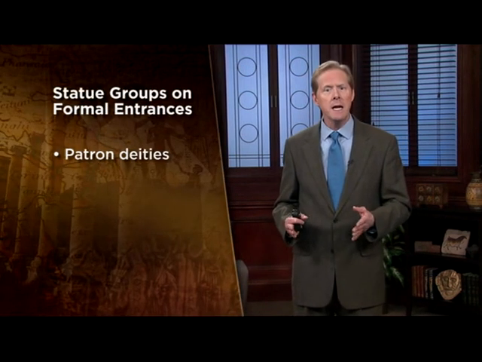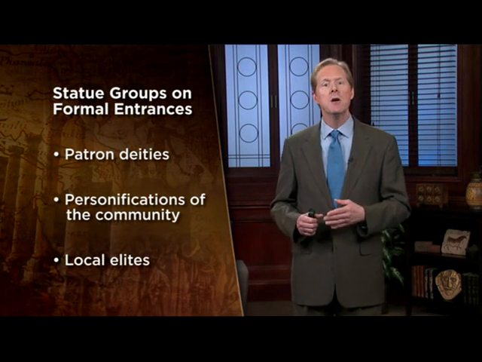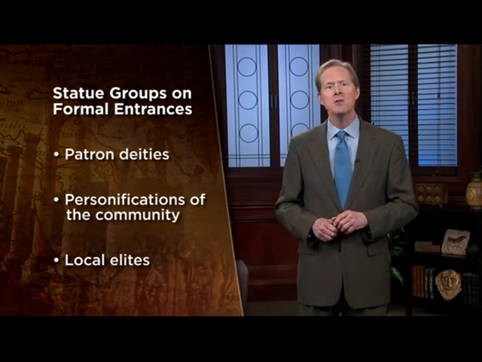Many of these formal entrances were found in Eastern Greek communities, and their statue groups of patron deities, personifications of the community, and local elites served to define the community to all who entered the space, whether it was the city itself or the market square. Now think about this for just a minute.